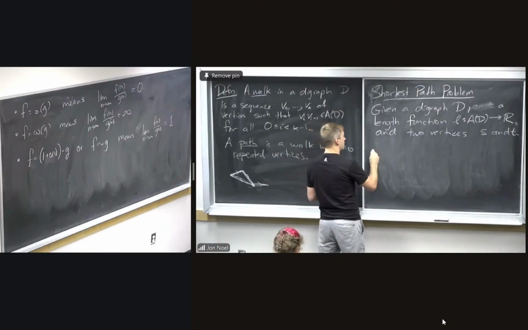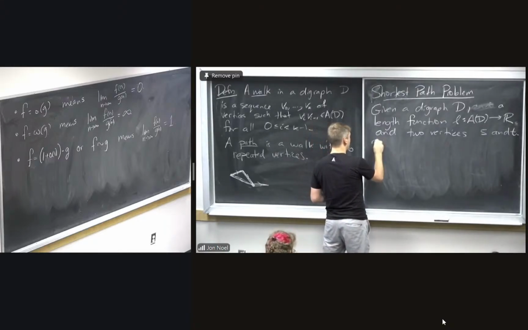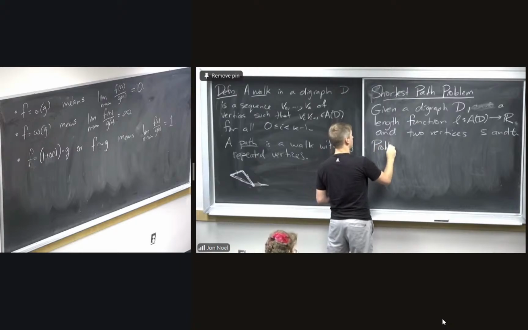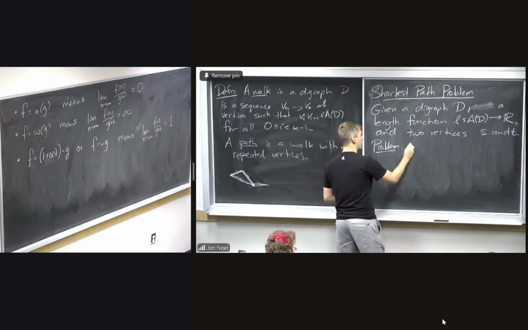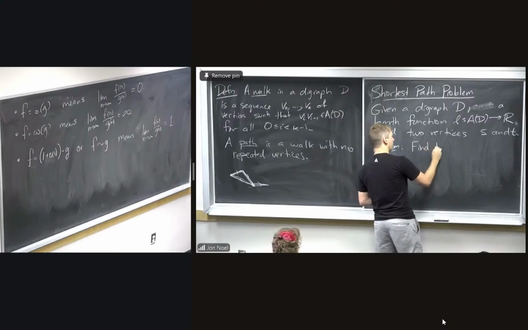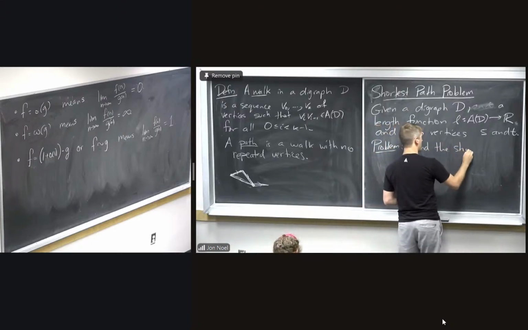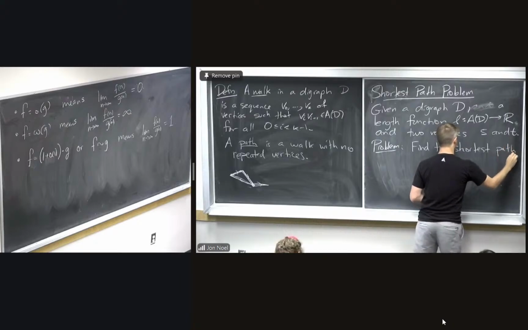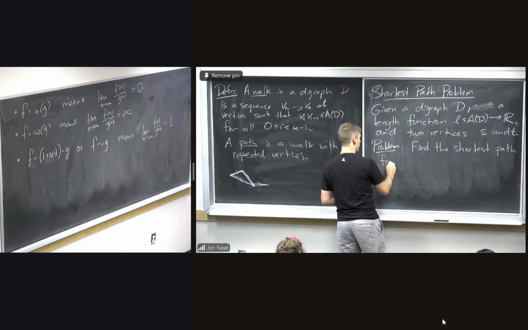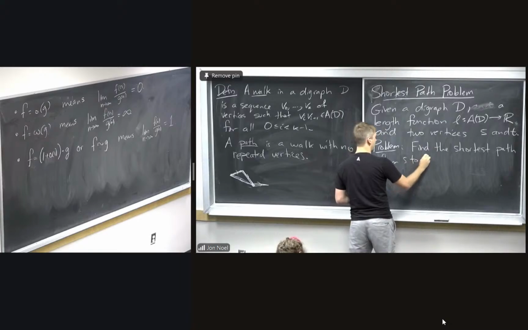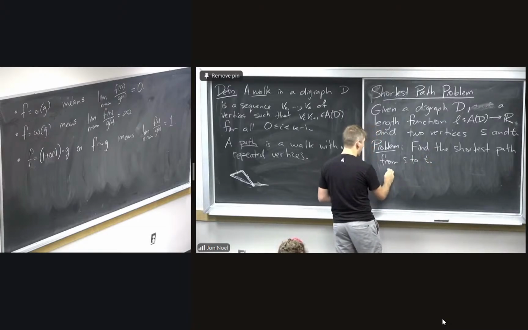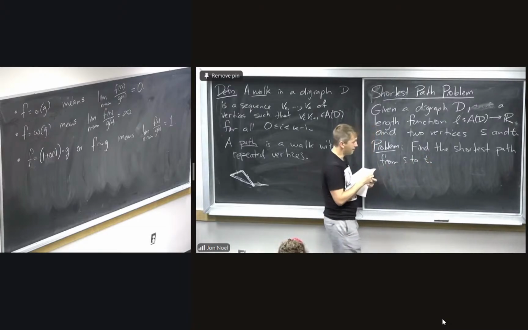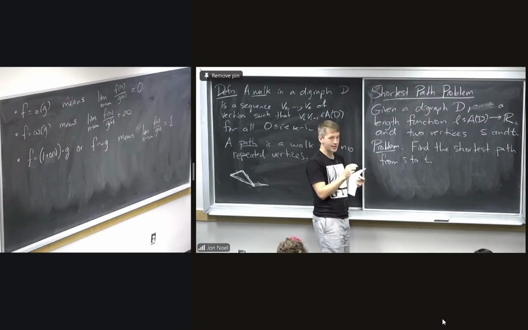Okay, so the problem: find the shortest path from S to T, where the length of a path is just the sum of the lengths of the arcs in the path.